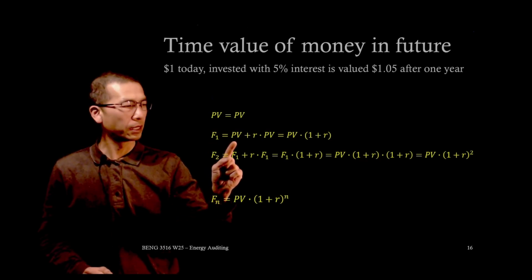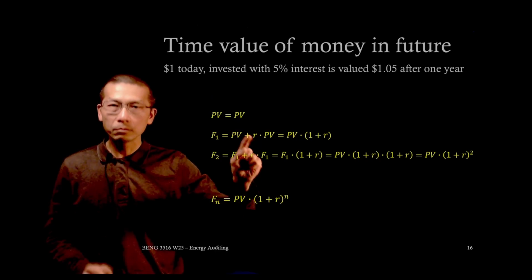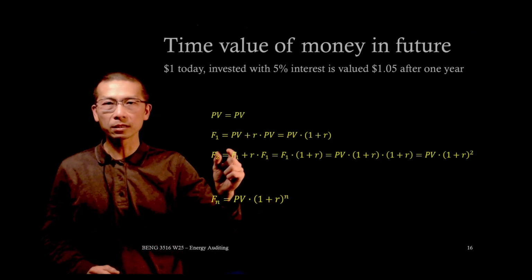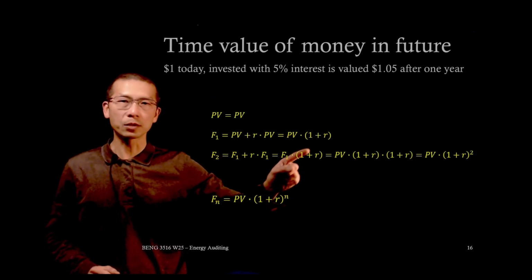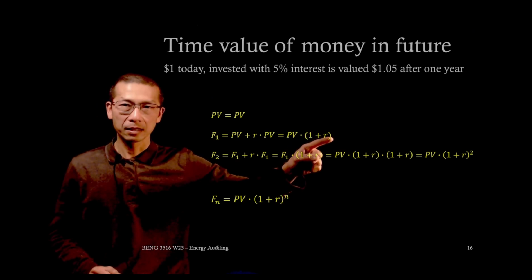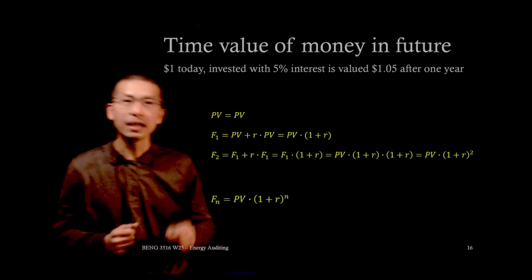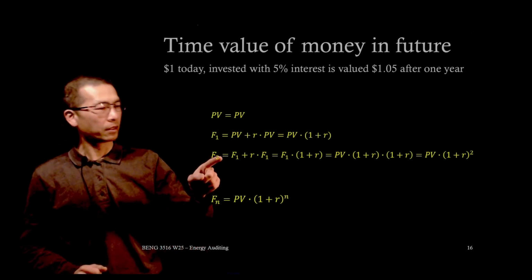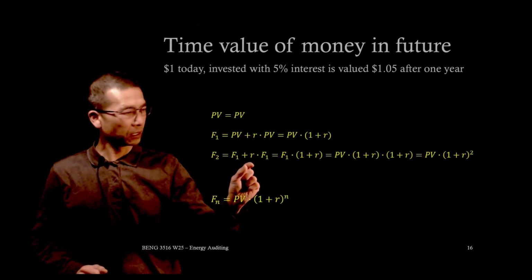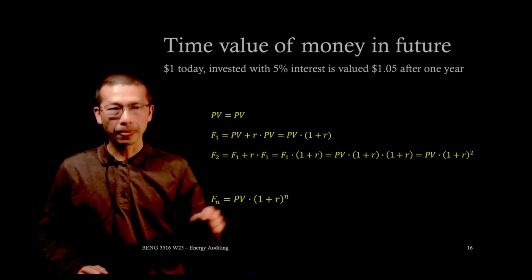How do we calculate that? PV plus the discount rate times PV. And if you take the PV out, it's PV times 1 plus R. If you notice, it doesn't have an n because n equals 1 in this case. In 2 years, the future value is equal to F1 plus the interest it generates, so R times F1. But what's F1?